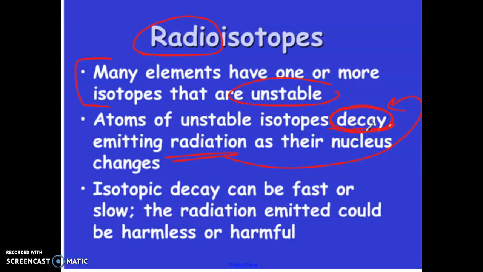Now, this energy can be harmless, so safe, or it can be harmful. As I mentioned, it could be in any range of that. And this nuclear reaction can be very fast or actually very slow and take years to complete. So it's a very wide range of different radiation and different reactions that are going to be happening here.